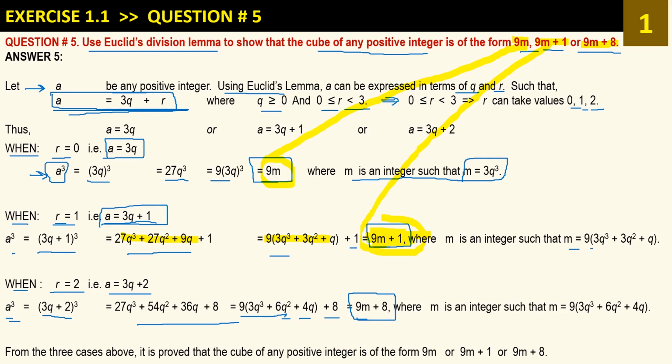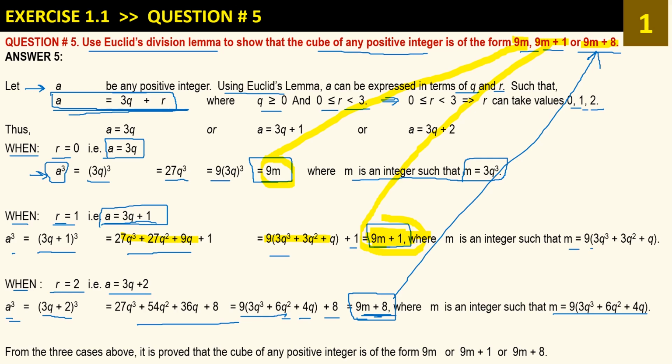If you look carefully, this is of the form that is mentioned in the question. So we have achieved that form where m is 3q cube plus 6q square plus 4q.